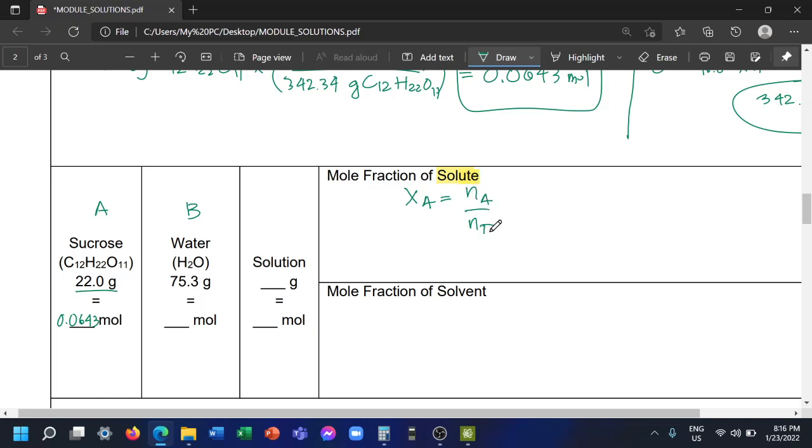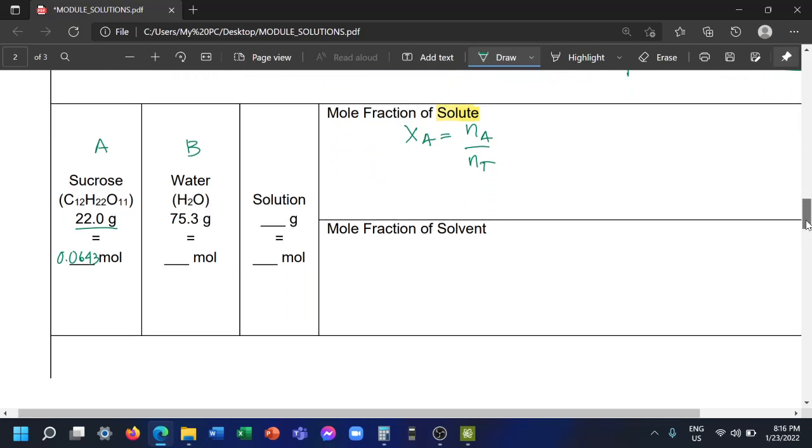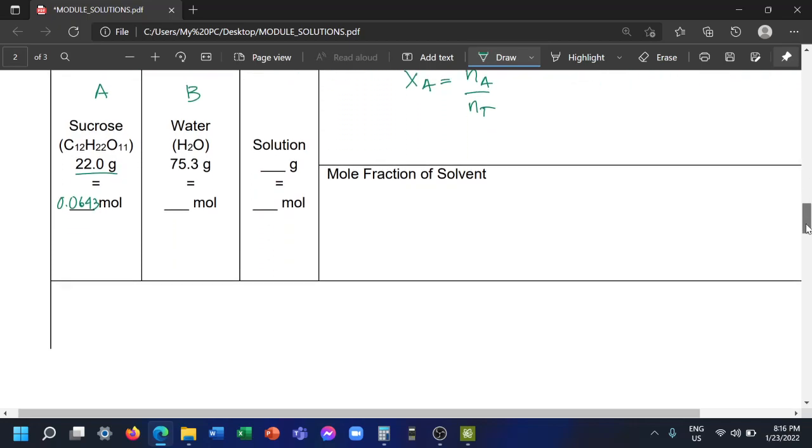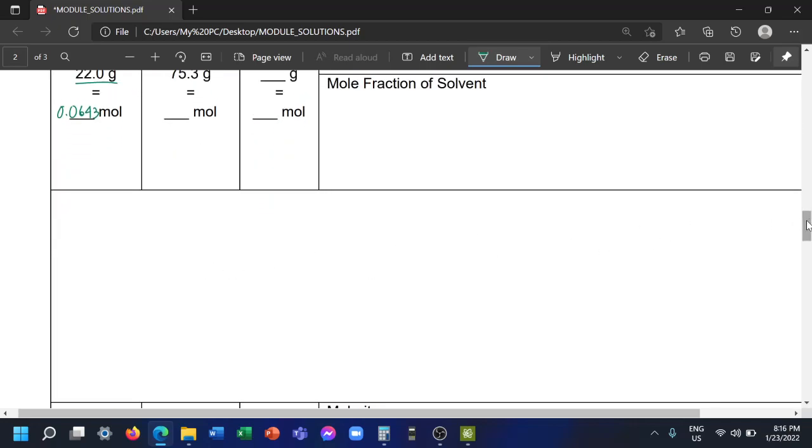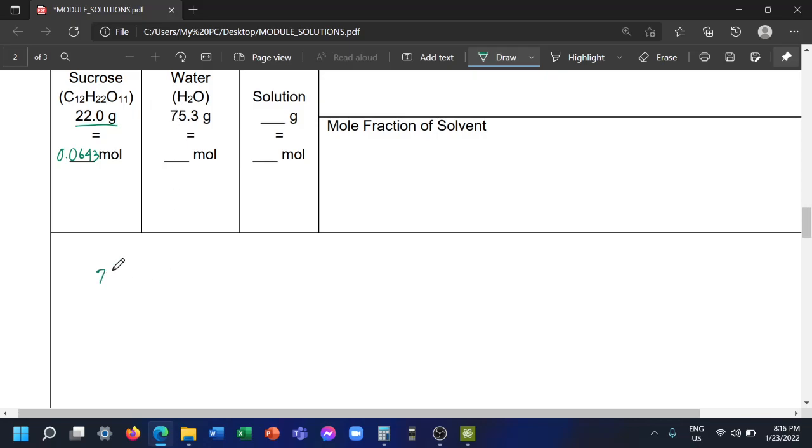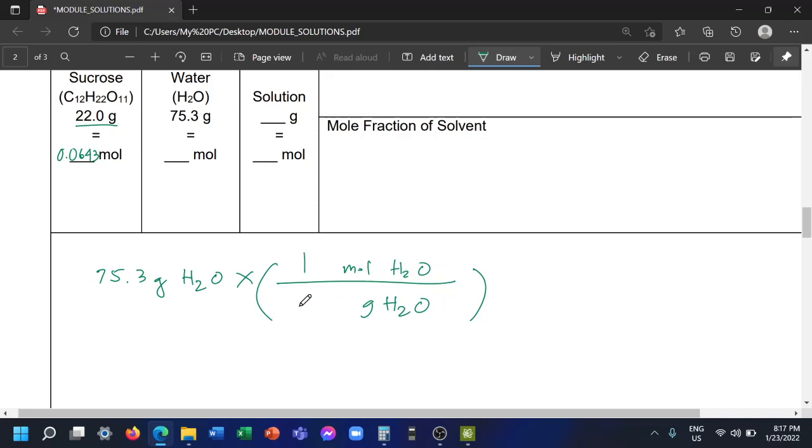Next, we need to identify the number of moles of the total solution, and of course it's not given here, so first we need to determine the number of moles of the solvent. It's another set of calculations, so let's solve that over here. Again, we'll convert the mass into the number of moles. It's a lengthy process. Grams of H2O converted to moles of H2O. 1 mole of H2O is how many grams?